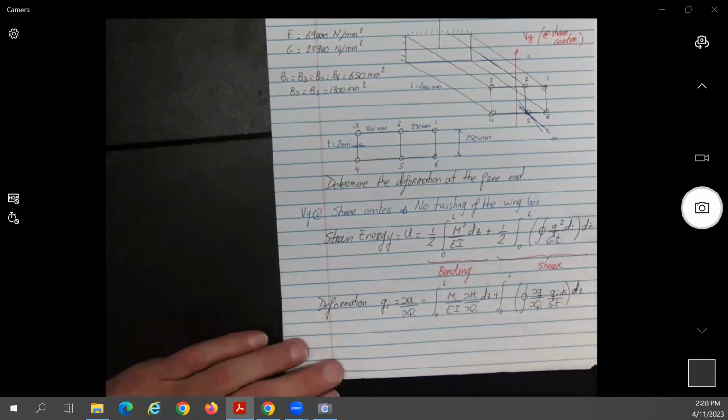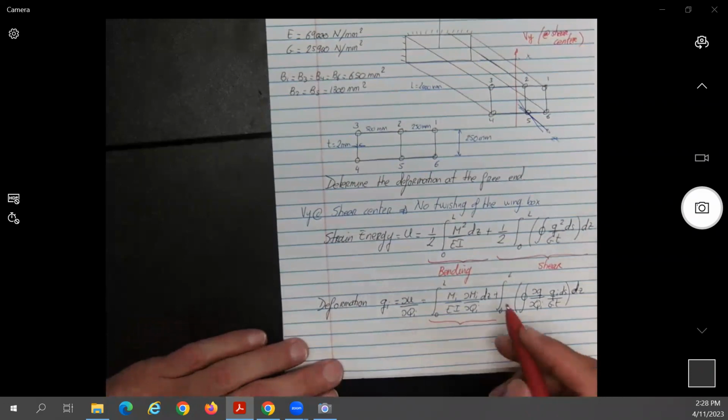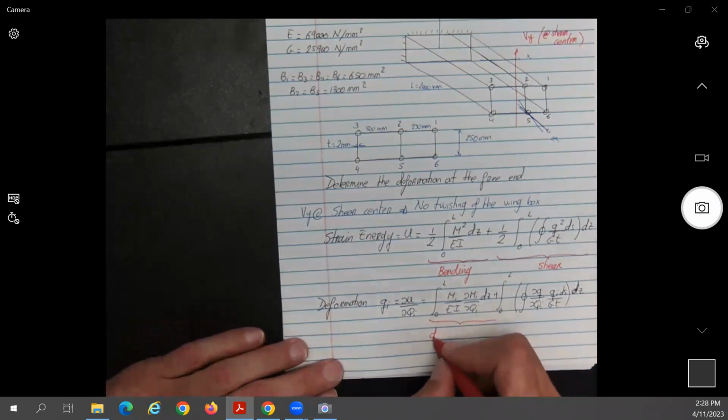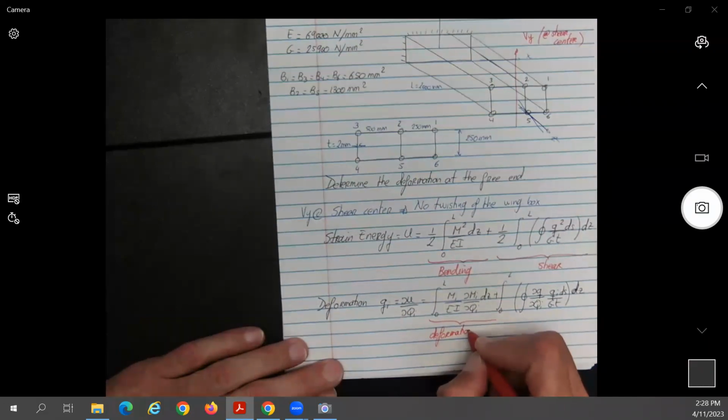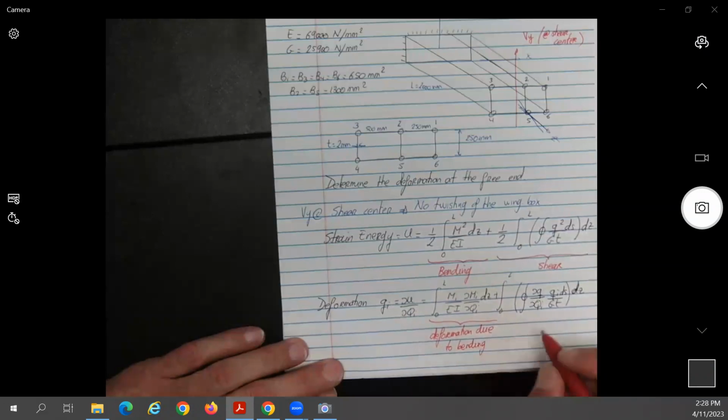Okay, so again, I think this will be redundant, but this is the deformation due to bending, and this will be the deformation due to shear.